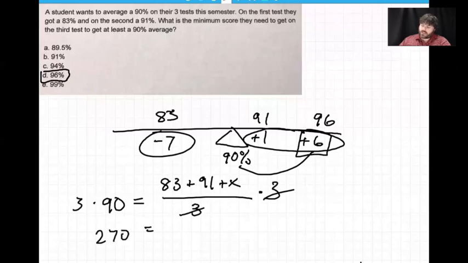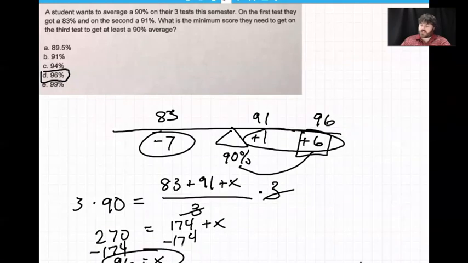I can go ahead and add these two together. I get 174 plus x. Then I subtract 174. I'm going to get 96. Okay, so you can set up an equation to solve as well. I kind of like this balance beam thing. It's pretty quick and easy. Just got to make sure it all zeroes out around the average. You got to have the same amount of difference above as you have difference below.